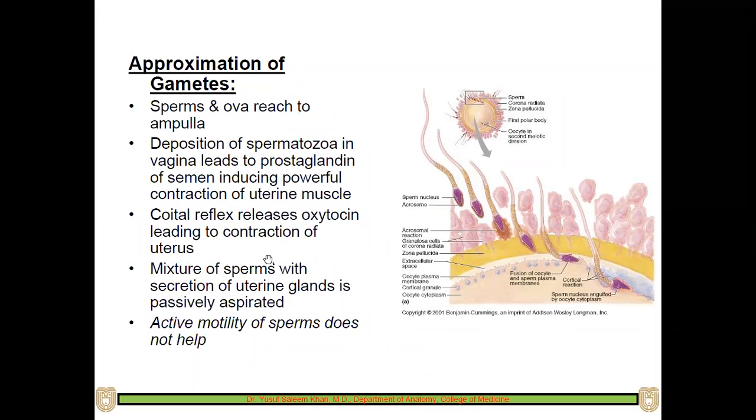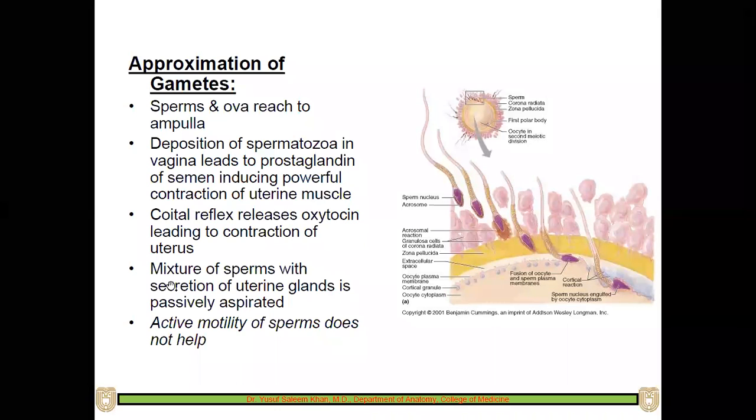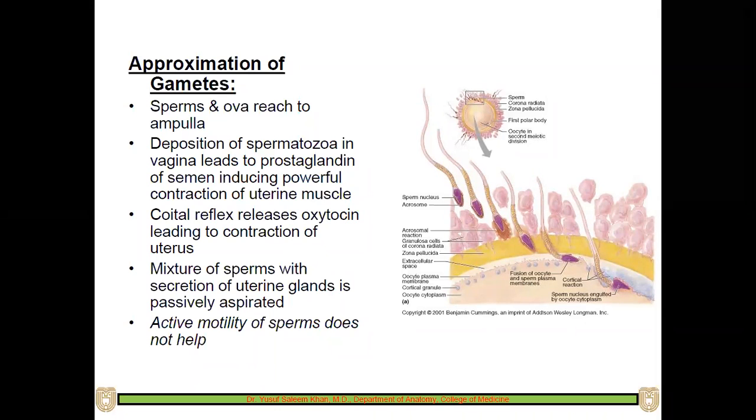Now, the mixture of sperm with the secretion of uterine glands is passively aspirated. Now, the semen which is released into the vagina is passively aspirated into the uterine cavity, as a mixture of the sperm and the secretions of the uterine glands. Uterine glands are within the uterus.